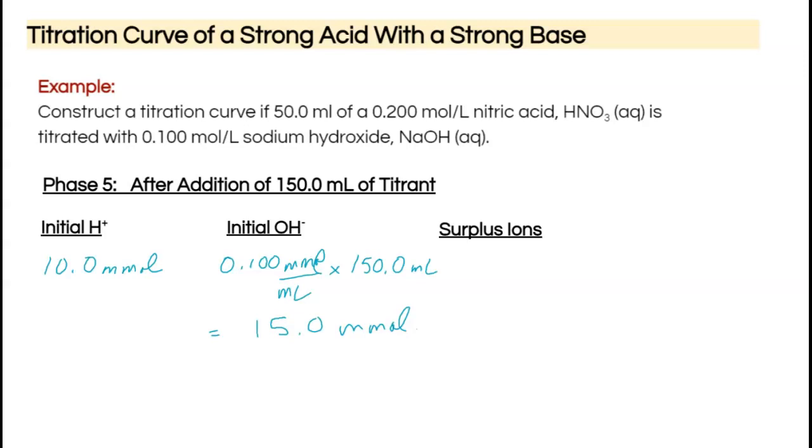So let's take a look at this. I'm starting off with 15 millimoles of hydroxide ions, and 10 of those will have been neutralized by my hydrogen ions. So that's going to leave me with a 5 millimole surplus.